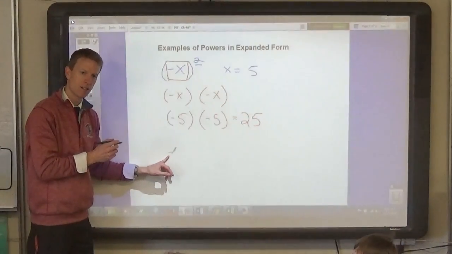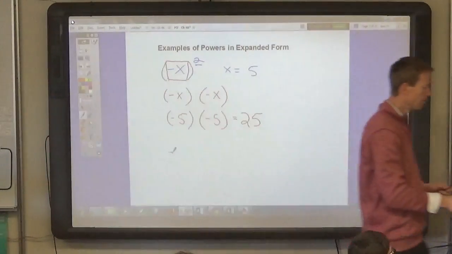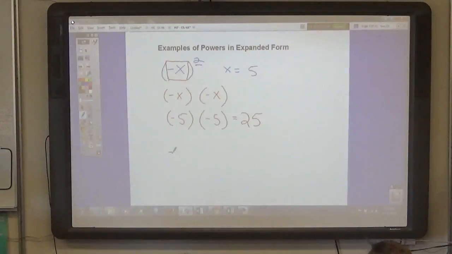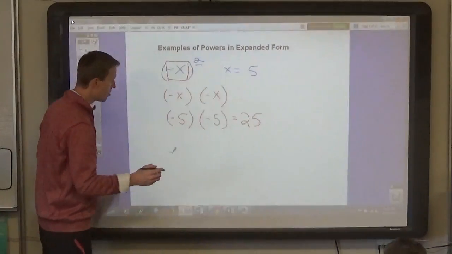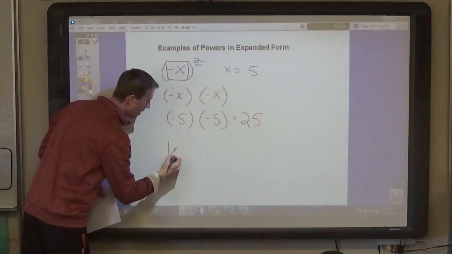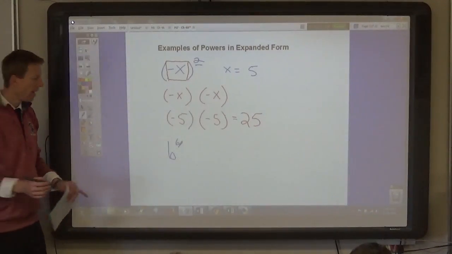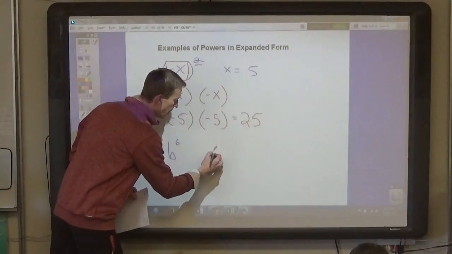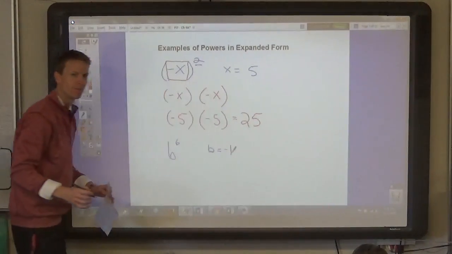It says b, and then the exponent is above it, and then b equals negative 1. All right, good. So this is b to the 6th power, and it says that b equals negative 1.